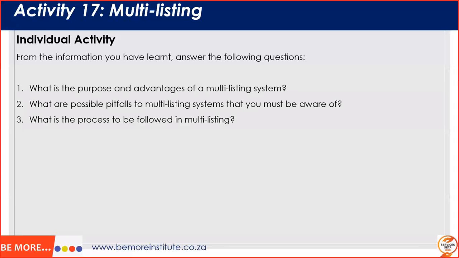And what is the process to be followed in multi-listing? I think we've touched on it at a high level, but we always encourage further research when you embark on your activities, because remember, this is not just about having the qualification. Look at it as empowering yourself to be a better and more informed property investor.